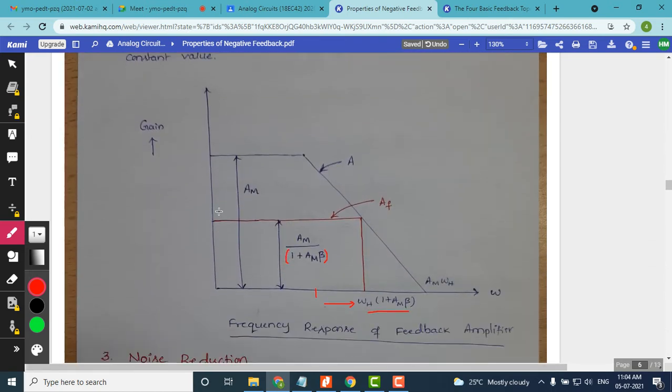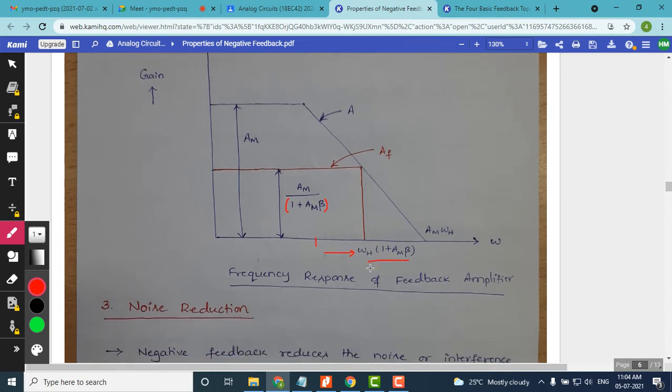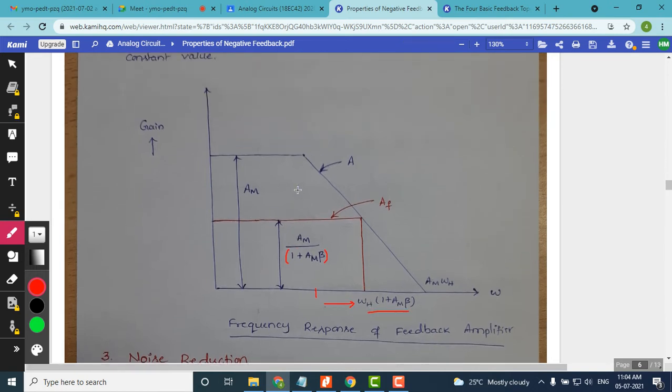Here we have shown only the high frequency response of an amplifier, with and without feedback. As you can see here, the gain is plotted along the y axis, and the frequency omega is plotted along the x axis. The blue line is the frequency response of an amplifier without feedback. A is the gain without feedback.